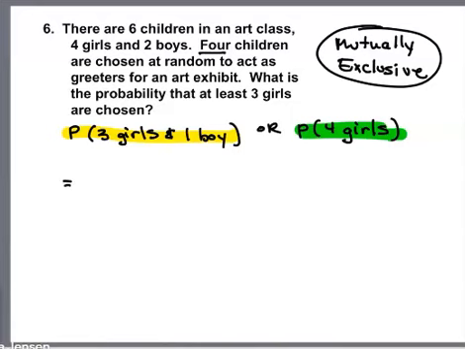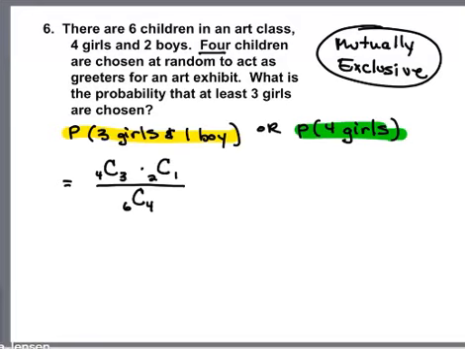Now remember, this is combinations because it's a group. So out of 4 girls, how many ways can we pick 3 of them? And then out of 2 boys, how many ways can we pick 1? And that's out of how many total ways can we pick 4 of any. There's 6 total children, and we're picking a group of 4.